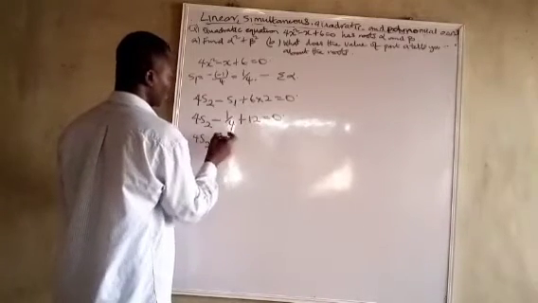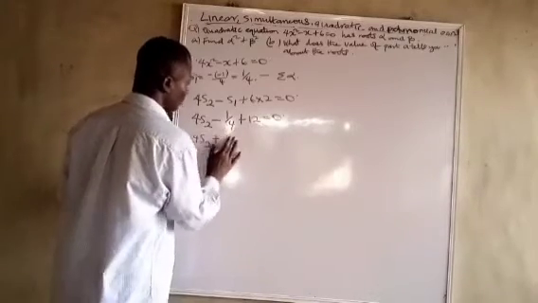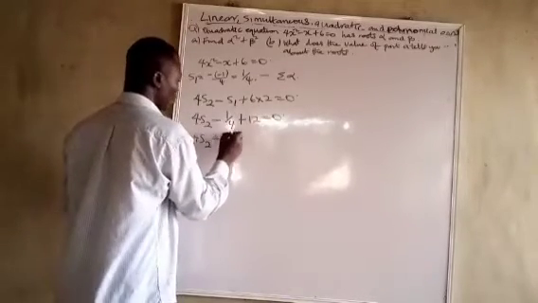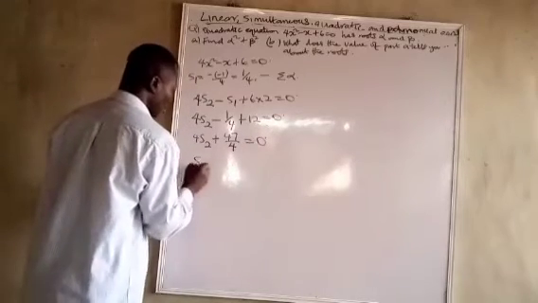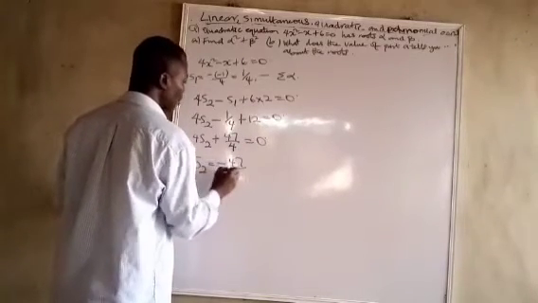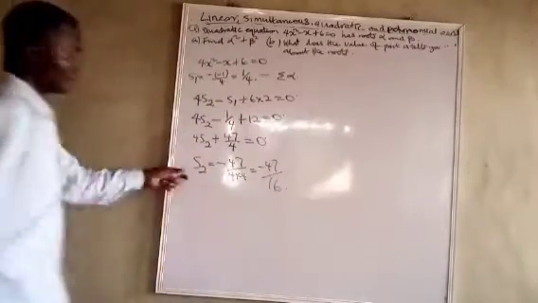Let me make it like this: 4s2 plus 48 minus 1 over 4 equals 0, which is 4s2 plus 47 over 4 equals 0. So s2 is equal to minus 47 over 4 times 4, which is minus 47 over 16. So that's what it says.